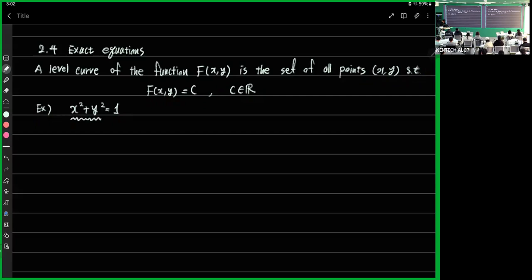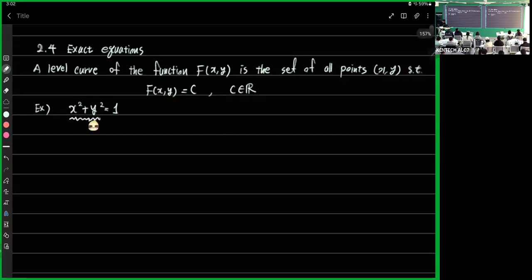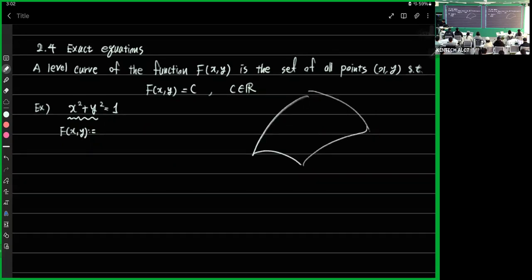So now we can define f of x comma y as this. Since this is a function of multiple variables, the graph of f in general is a surface in 3D, with a z-axis, x-axis, and y-axis.